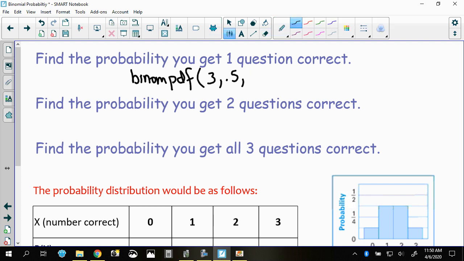So you can do that second enter to get the entry in there again and just edit it, instead of having to go through all of this, just edit the 0 into a 1. You're going to do the same thing for the binomial for a 2, and you're going to do the same for the binomial with the 3 questions correct.